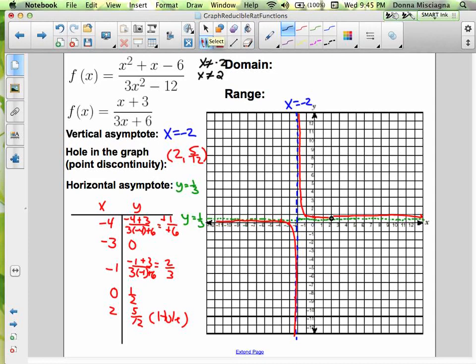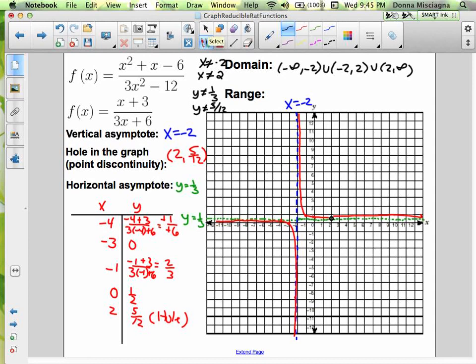All right, so the domain is going to be -∞ to -2, and then -2 to 2, and then 2 to infinity.